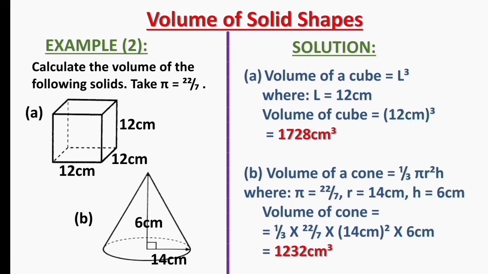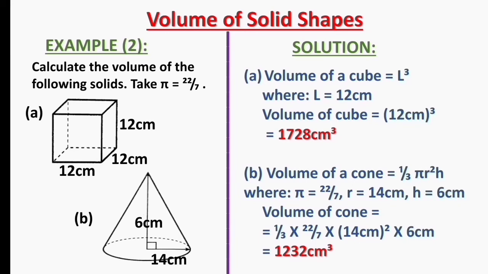In question 2b, the volume of a cone is 1/3 pi radius squared height. Pi is 22/7. The radius of the base circle in the cone is 14 centimeters, while the perpendicular height is 6 centimeters.